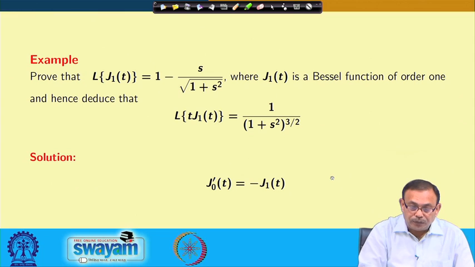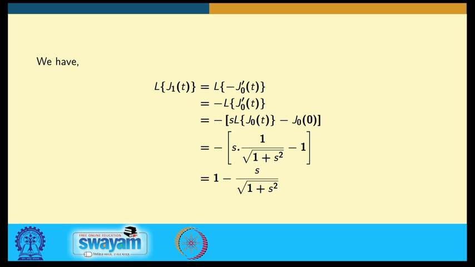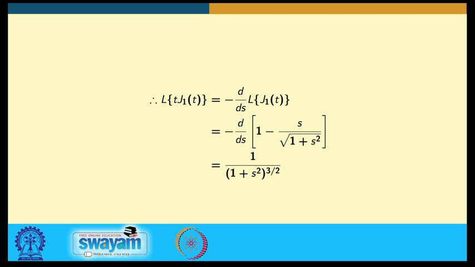And so, as I told you, J 0 dash t equals minus J 1 t. From here, I am finding out the Laplace transform of J 1 t and this one. So, ultimately, the Laplace transform of minus J 1 t is this, the Laplace transform of t J 1 t is this one, and minus d/ds of this, and from there I am finding out 1 by s square plus 32.